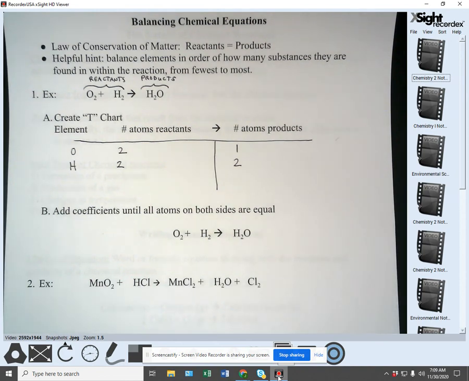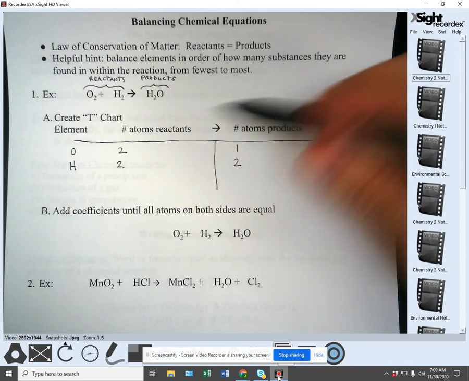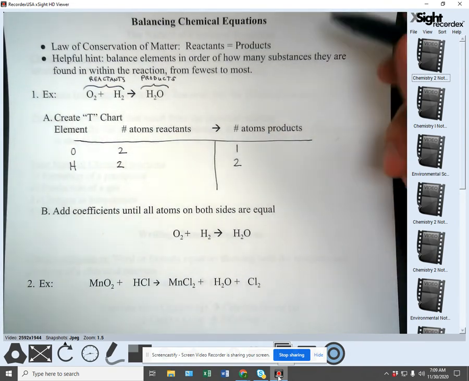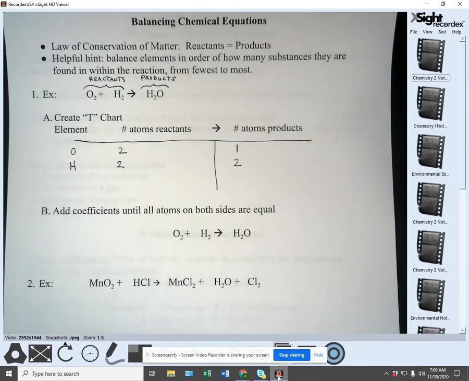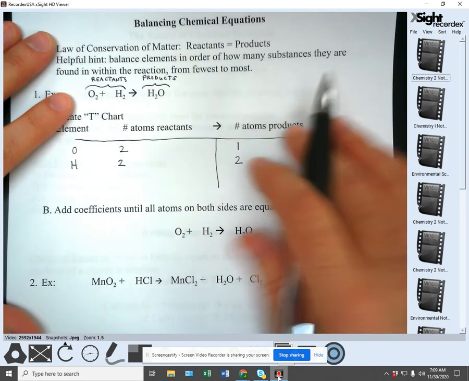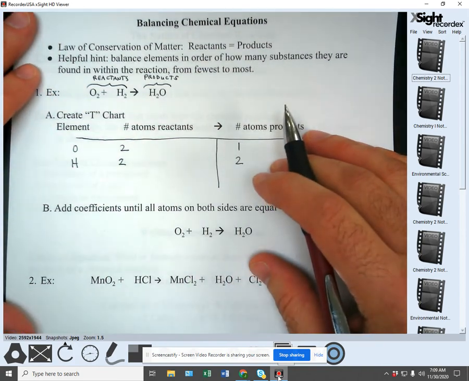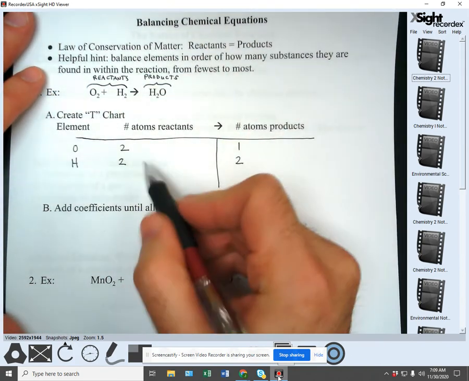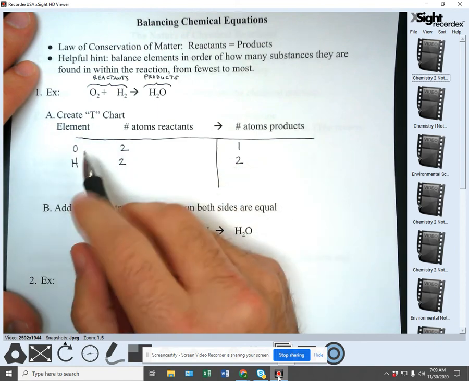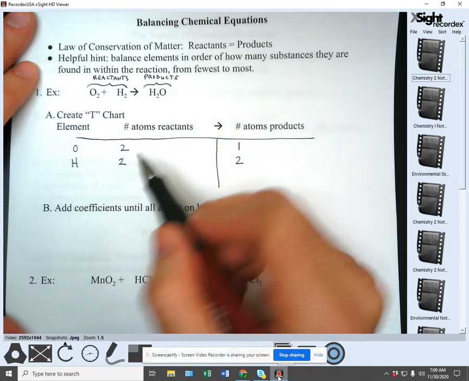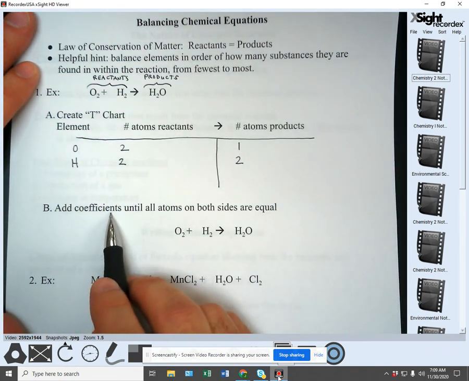All right, then what I'm going to do, and you can do this in any way you choose, I usually, a lot of times when I'm doing them, I'll start it off in pen and then I'll do pencil. That way, if I do something wrong, I can erase and go back, but I have my starting numbers. You can do it all in pencil, that's fine. But what we are doing is adding coefficients.